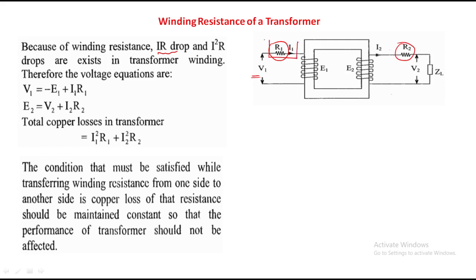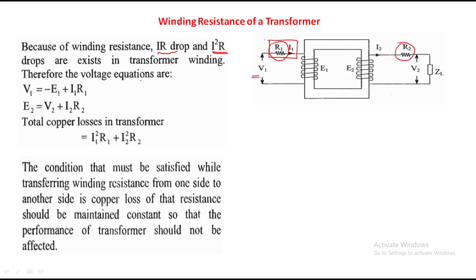Obviously, I square R losses exist in the transformer winding, and those I square R losses are nothing but copper losses.